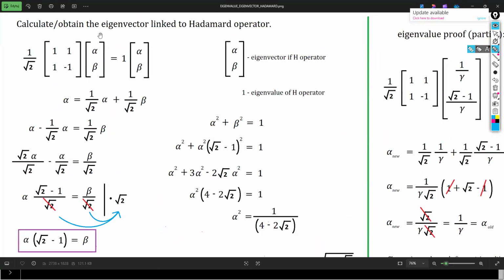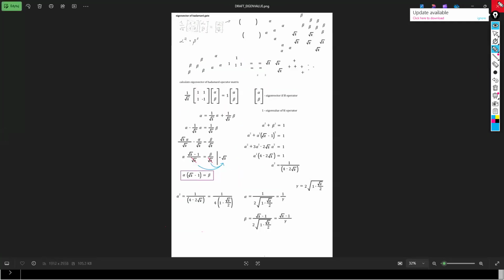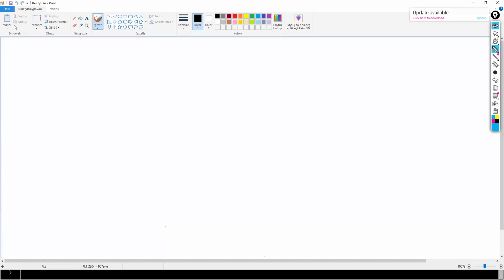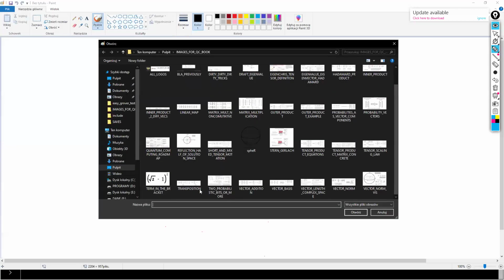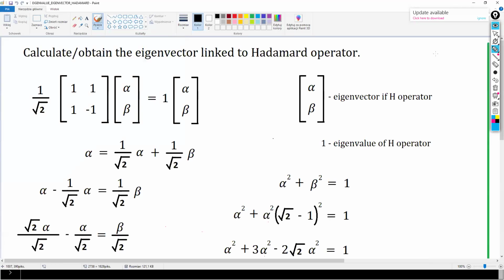For example, here we have a, we try to calculate, oh, I literally cannot open this in Photos. Where is it? Yeah, here it is. Okay, so here, oh wow.